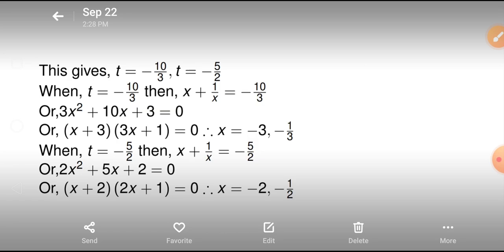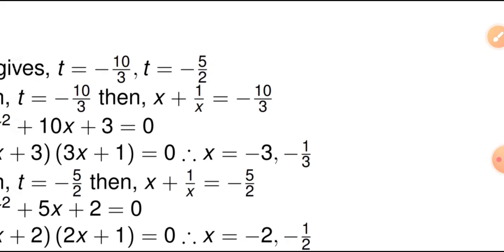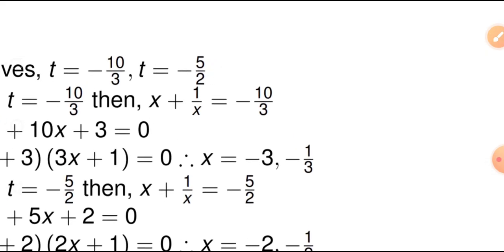We have taken x + 1/x = t. So instead of t, we replace x + 1/x in both the terms. We have x + 1/x = -10/3. When we solve this, first on the left hand side we take the LCM, so (x^2 + 1)/x = -10/3.